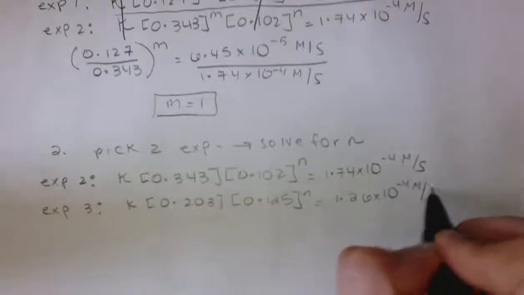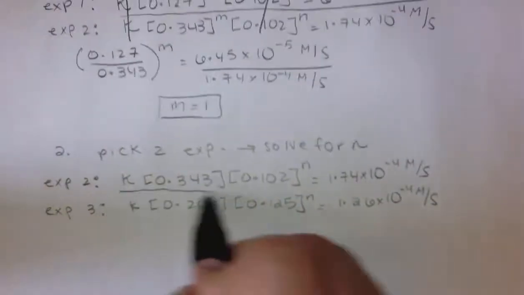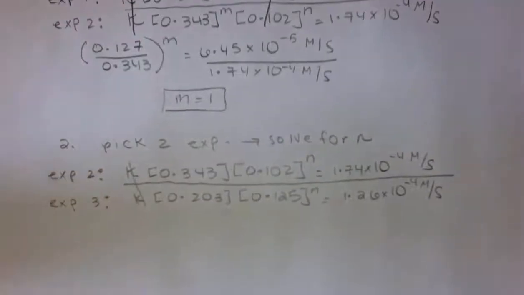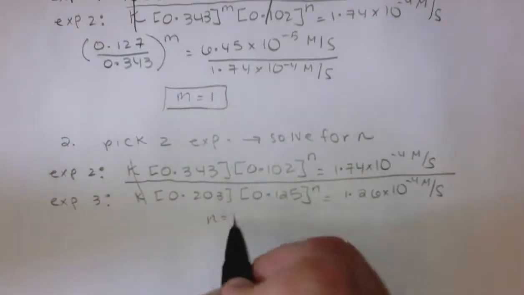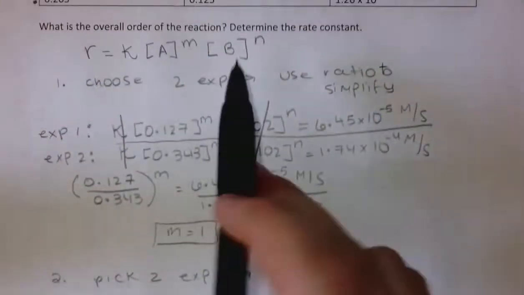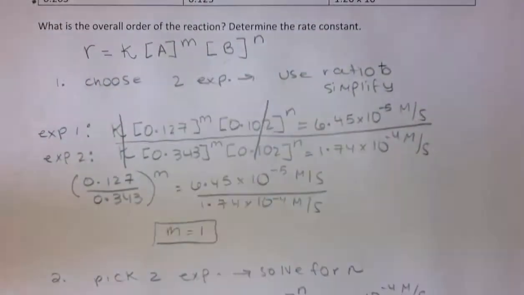So in a similar way, I'm just going to take the ratio of these expressions. The K's will end up canceling out, and then my only unknown is n. So I end up getting that n equals 1. And similarly, this is telling us that with respect to component B, the order is 1.